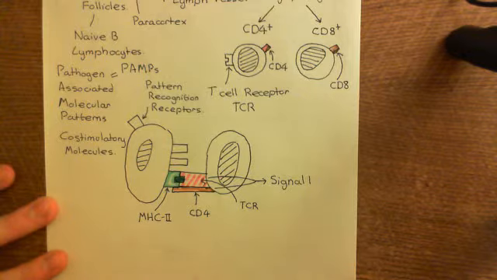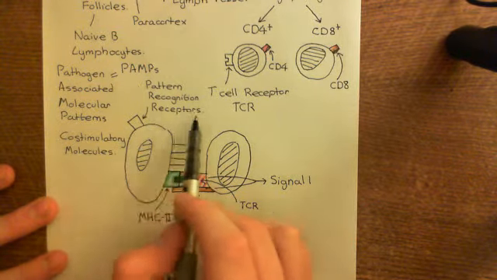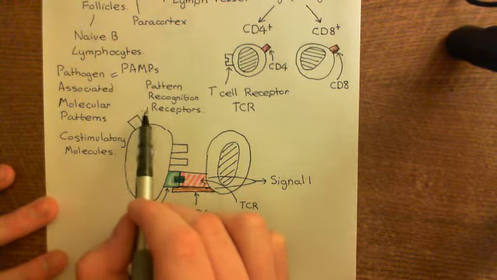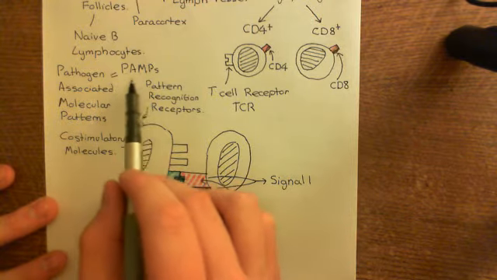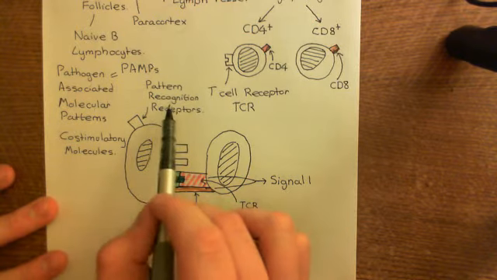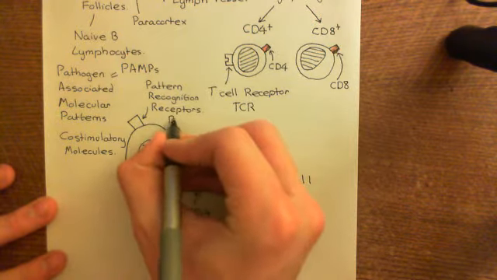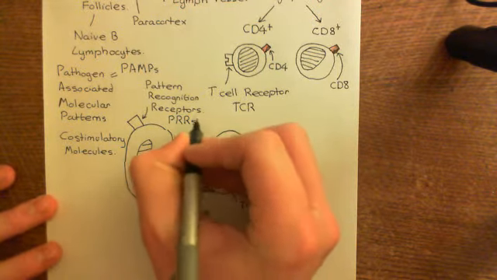And I want to stress that all of these receptors are grouped under the umbrella term, pattern recognition receptors, but it's not as though there's one pattern recognition receptor which recognizes all of the PAMPs. No, no, no. Each of the PAMPs will have its own pattern recognition receptor. And by the way, pattern recognition receptors are often abbreviated to PRRs for short.